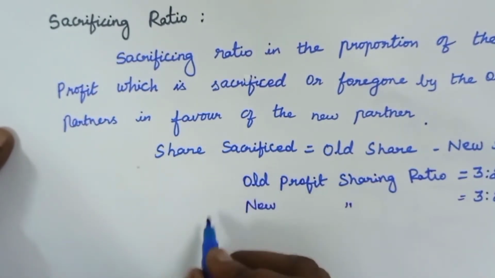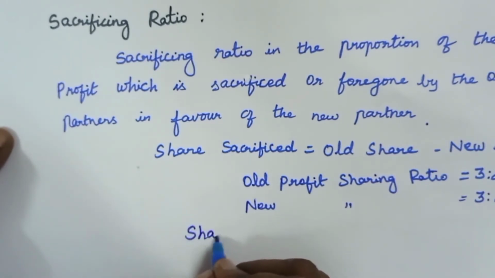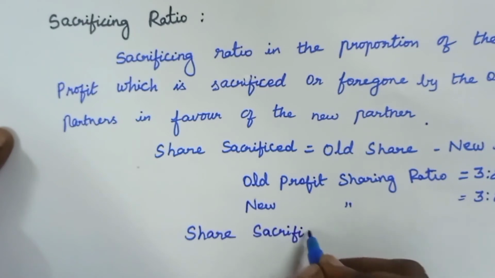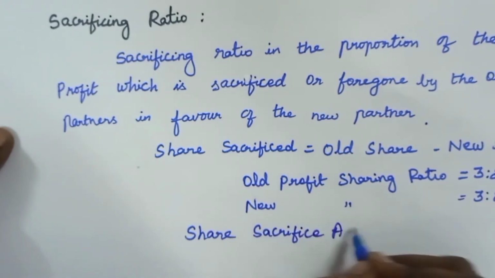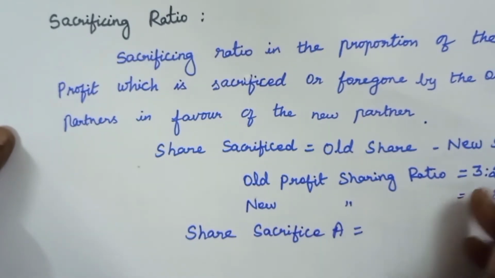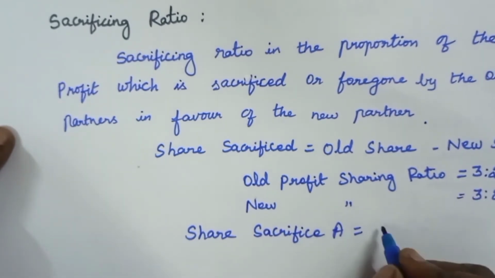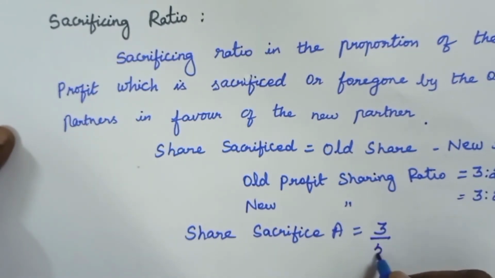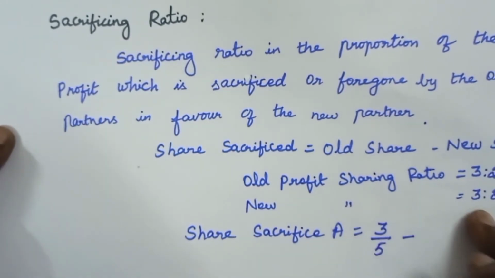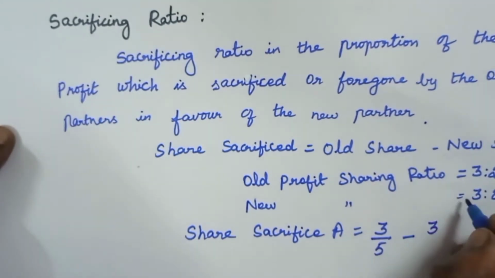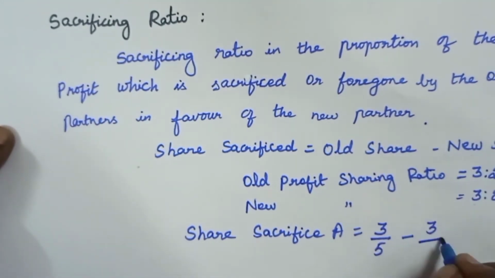Now, share sacrificed by partner A is equal to old share minus new share. Old share of partner A is 3, the total share is 5, minus new share. New share of partner A is 3, the total share is 6.